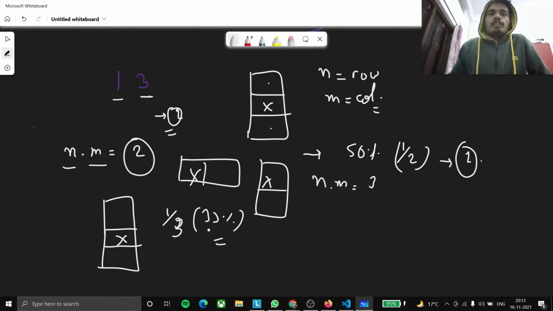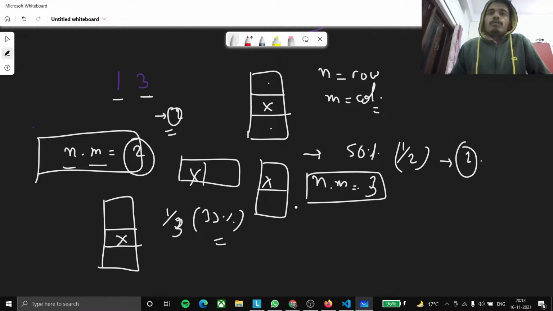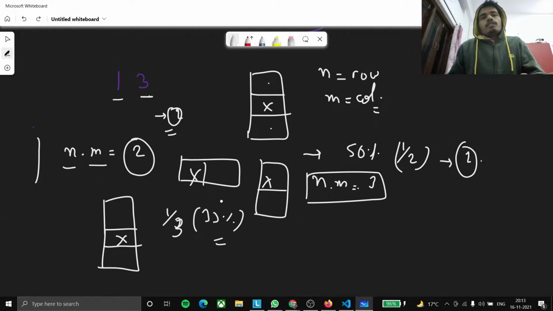So we can see that for value 3 and value 2, for value 3 we have less chances. The ratio is 1 is to 3, so we have less chances of it being blue, and the percentage is significantly lower than this.